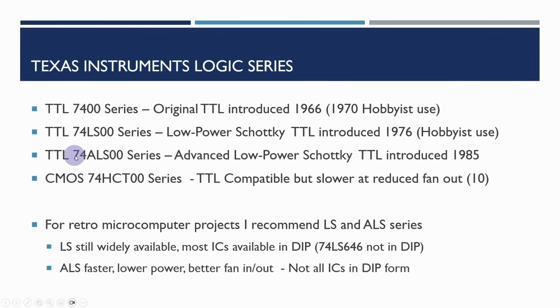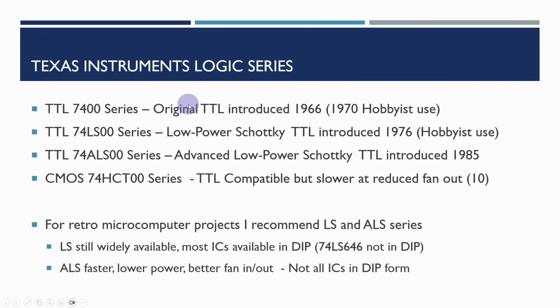Then the advanced low power Schottky was introduced in 1985, and one of the projects I'm looking at the moment is the Compaq Deskpro 386, a 386 breadboard PC, and this in 1986 started to use ALS chips as well in some places. The advantage of this one is that it had a higher fan-out.